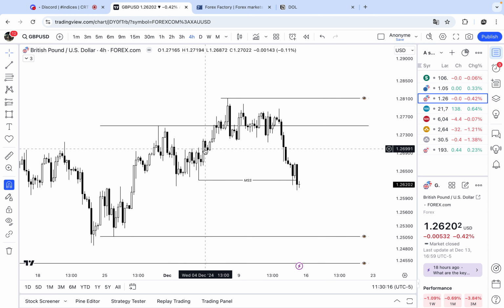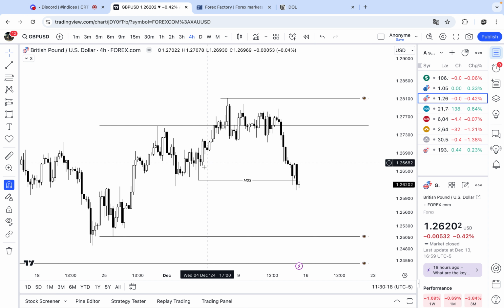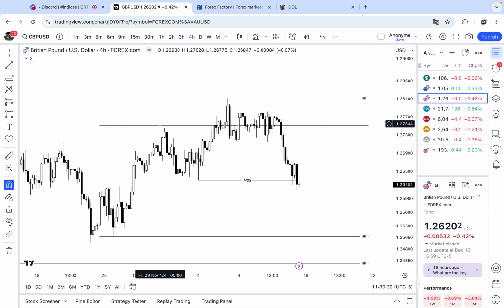But look, the market structure shift is way down here. Yes, we can anticipate the market structure shift will happen when the CRT high has been purged.